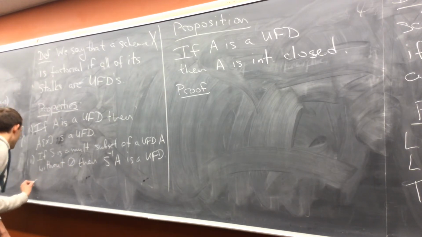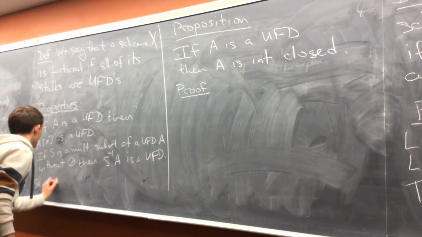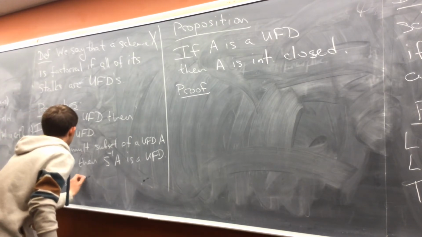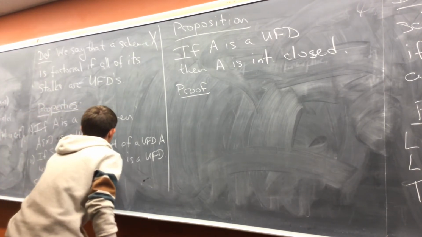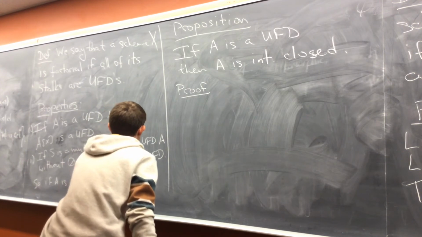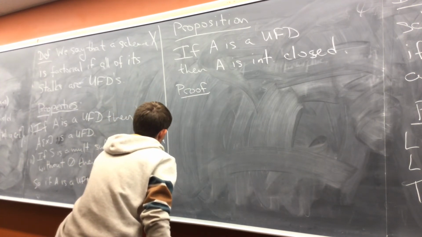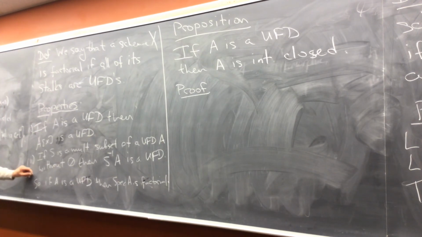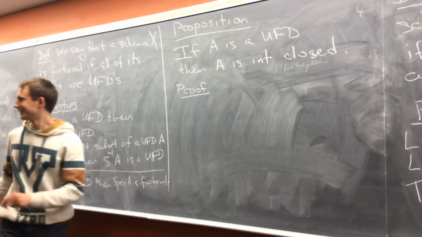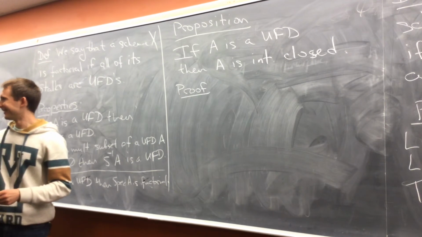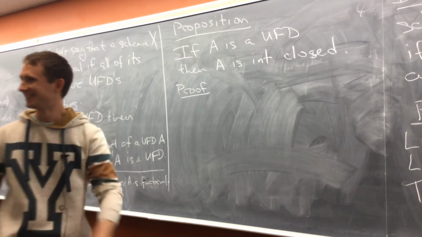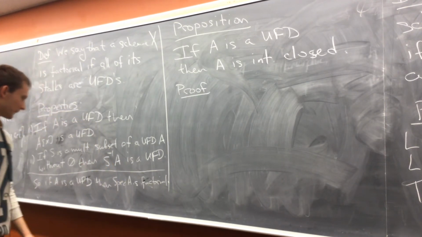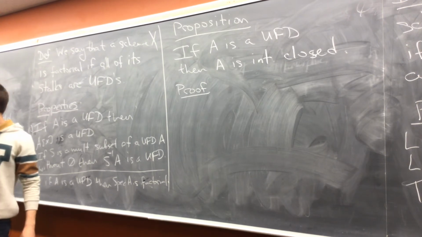Right? So if A is a UFD, then Spec A is factorial. Do you know why it's called factorial? Because we factor. Okay. Make sense? We can factor nicely in there.